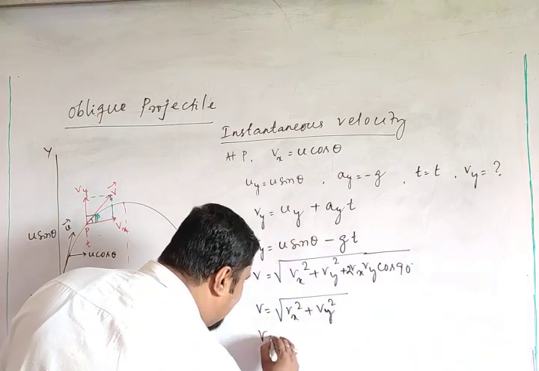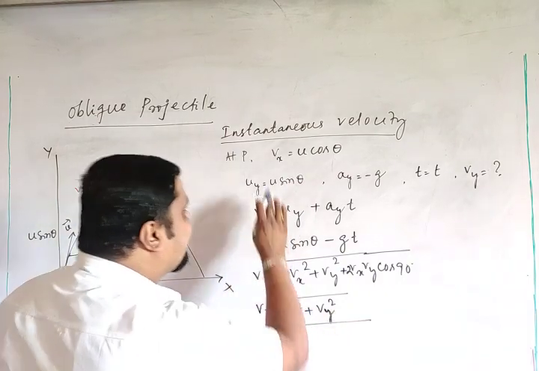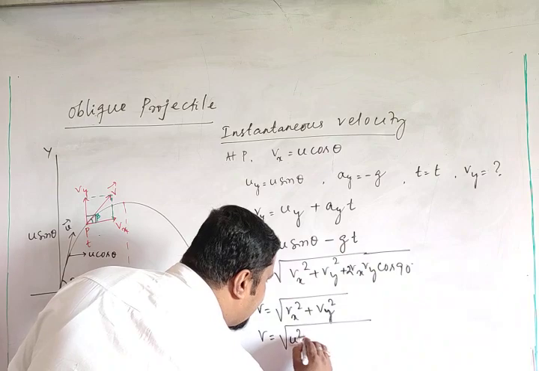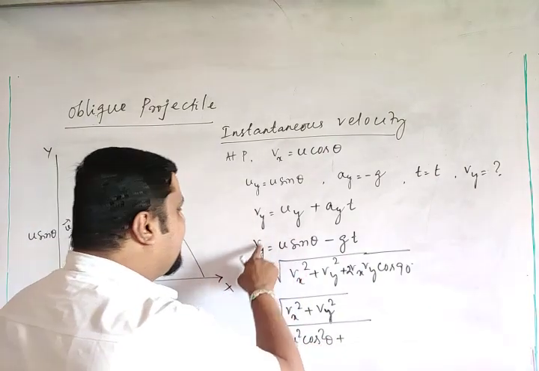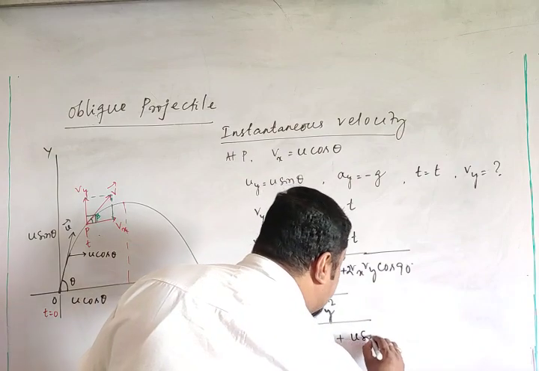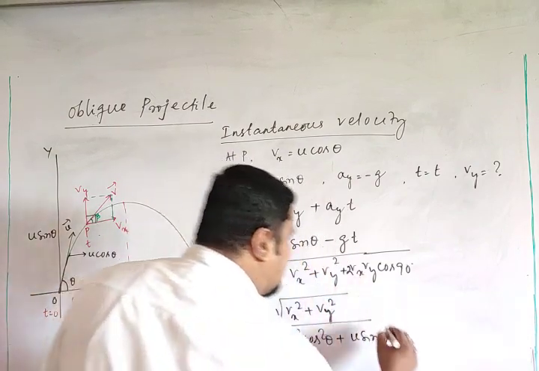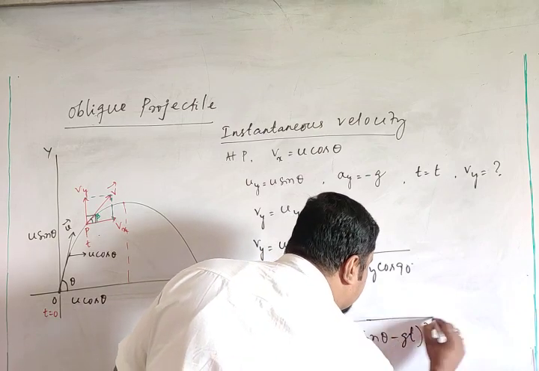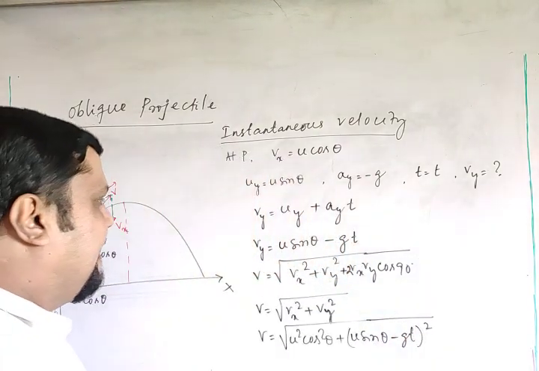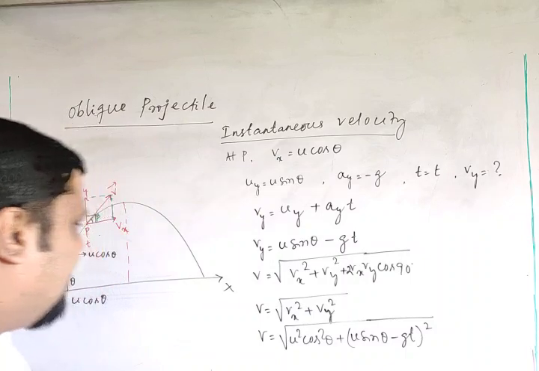So v is equal to the square root of vx square, u square cos square theta, plus vy square, u sin theta minus gt whole square. Clear? So after knowing that, now you solve this one.